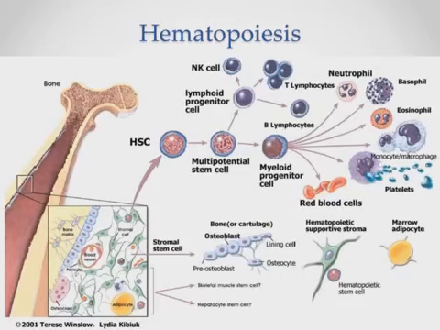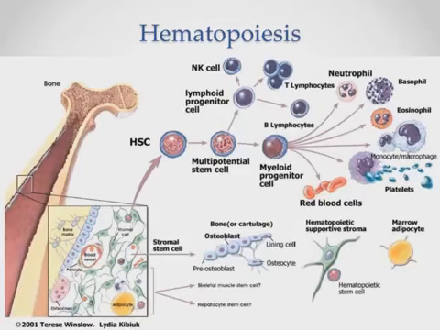The hematopoietic stem cells will differentiate into multipotential stem cells, which will give two main lineages. One of them is called the lymphoid progenitor lineage, or lymphoid lineage. This lymphoid lineage will differentiate into natural killer cells, T lymphocytes and B lymphocytes.